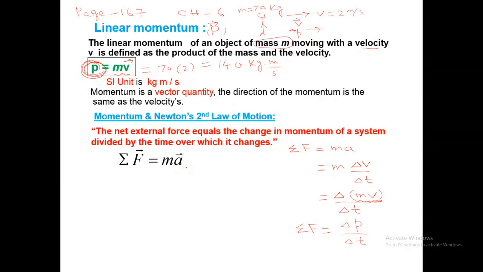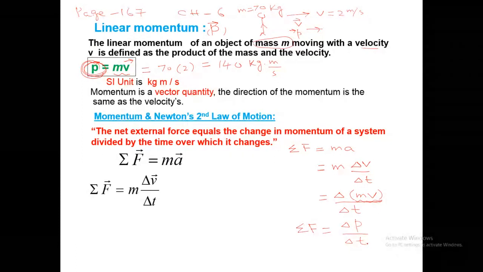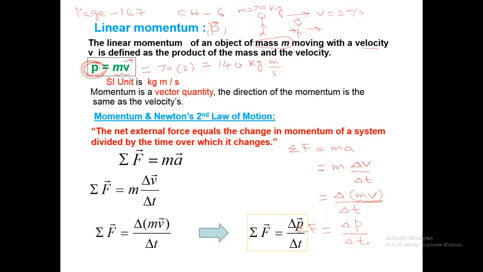This is one form of Newton's second law. This is another form of Newton's second law of motion. Sum of the forces, or the net force, is equal to change in momentum over time interval.